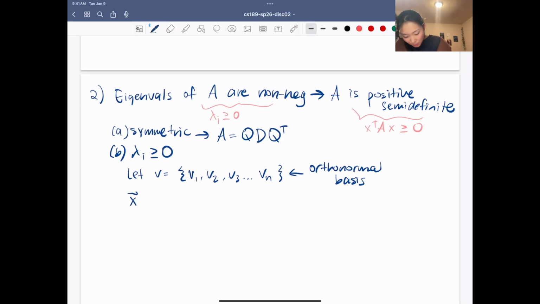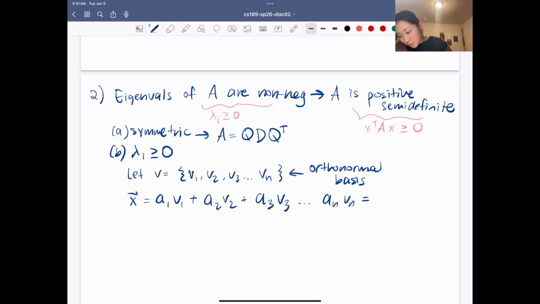If we want to create some random vector x, we can write it as a linear combination of all of our eigenvectors from Q that form an orthonormal basis, because we know that A is symmetric and it consists of all real numbers. So a1 v1, and that should not be a plus sign, of all of these eigenvectors, dot dot dot, an vn.